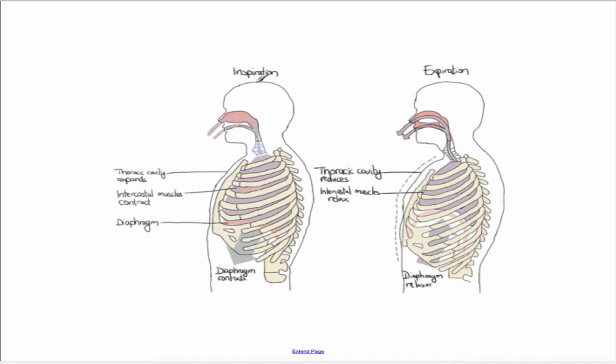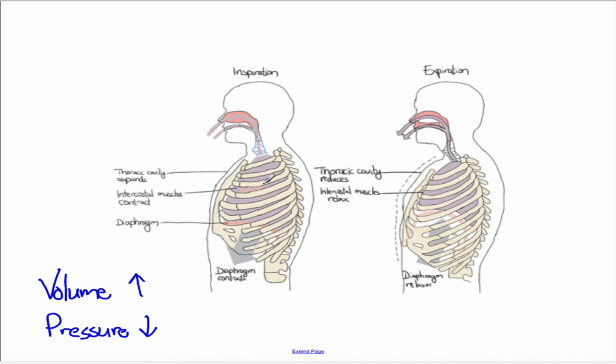This is now from the side. So here's inspiration. There's the diaphragm, and you can see that arrow indicating that the diaphragm contracts and pushes downwards. The intercostal muscles will also contract, so the thoracic cavity, the chest cavity, will expand. Okay, volume has increased. So if the volume has gone up, then the pressure has decreased.